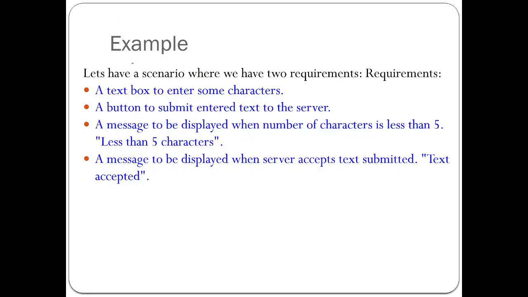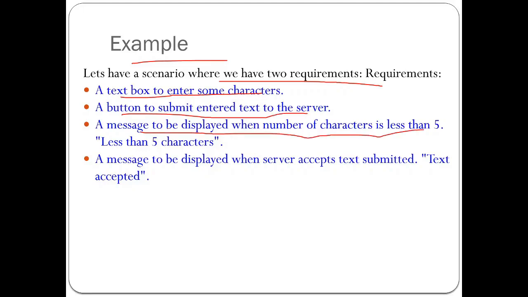Another example, let's have a scenario where we have two requirements: a text box to enter some characters, a button to submit the entered text to the server, a message to be displayed when the number of characters is less than 5, and a message to be displayed when the server accepts the submitted text.